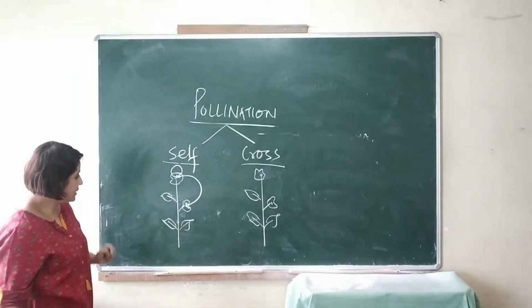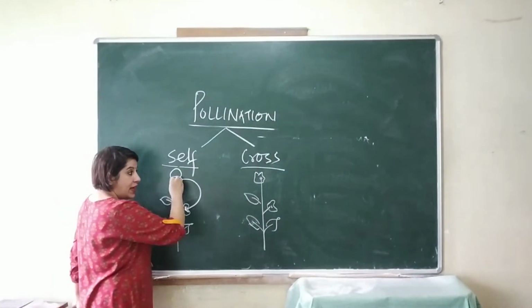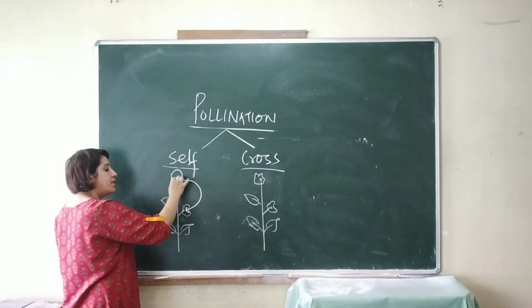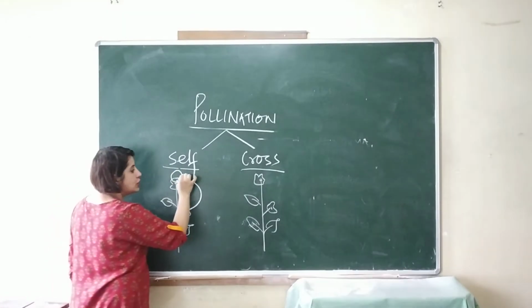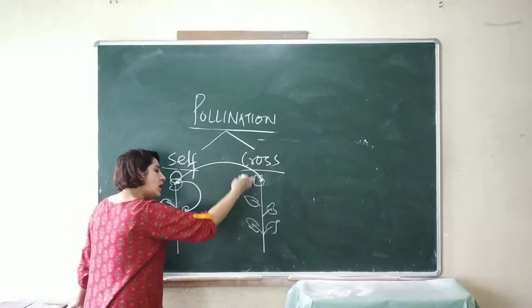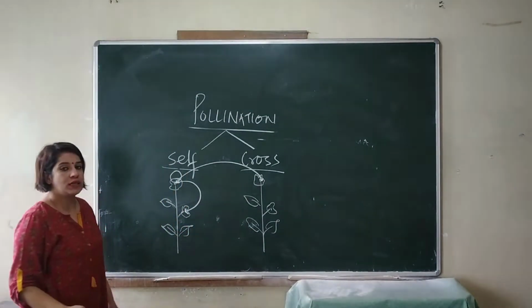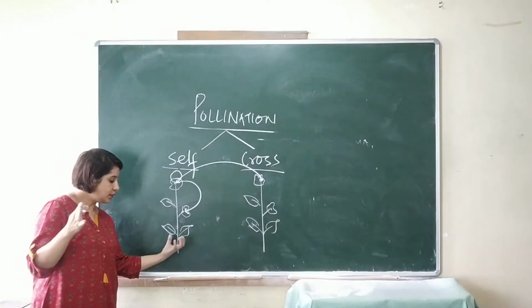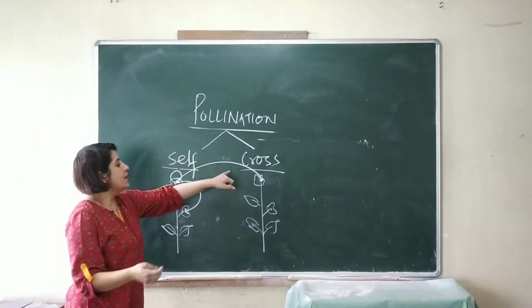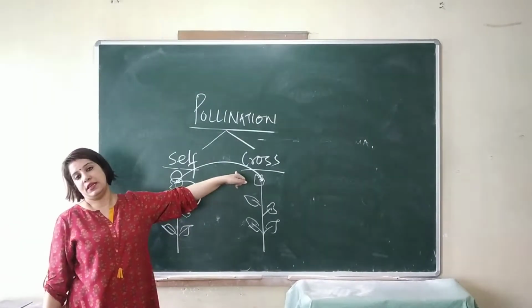But in some cases, the pollen grains are transferred from the anther of one flower of one plant to the stigma of a flower of another rose plant. Then we call it cross-pollination.